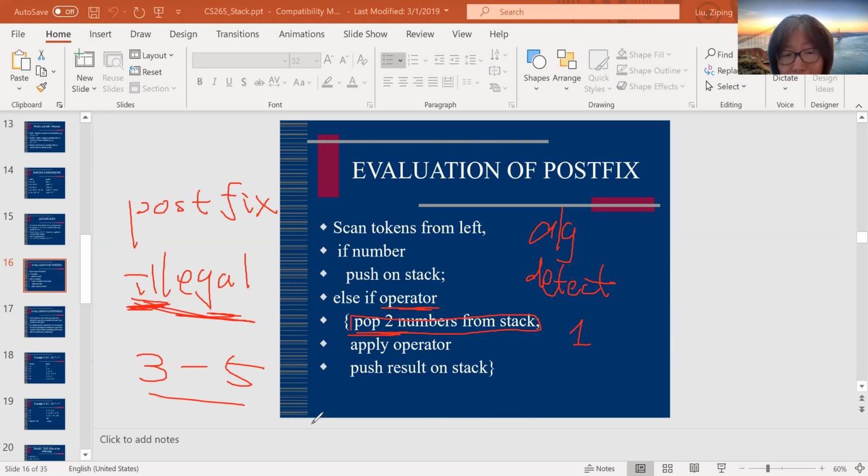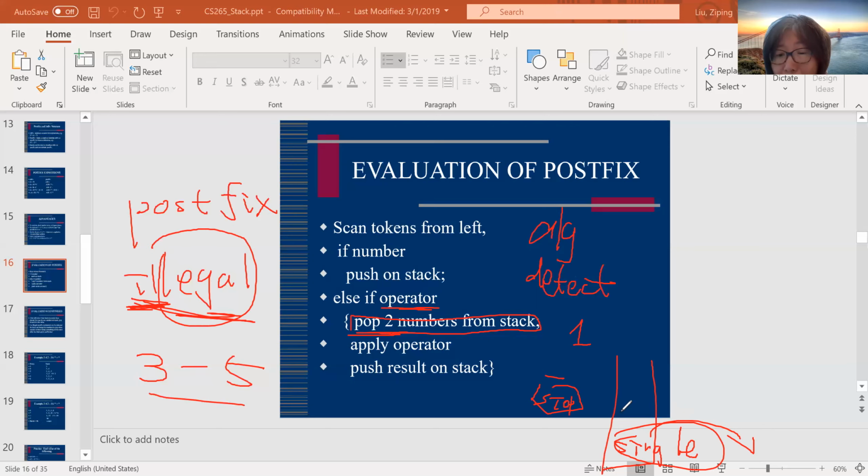There is another place. After we finish scanning, your stack is supposed to only have a single number left, and you get this single number out. If that's the case, your postfix expression is a legal one.